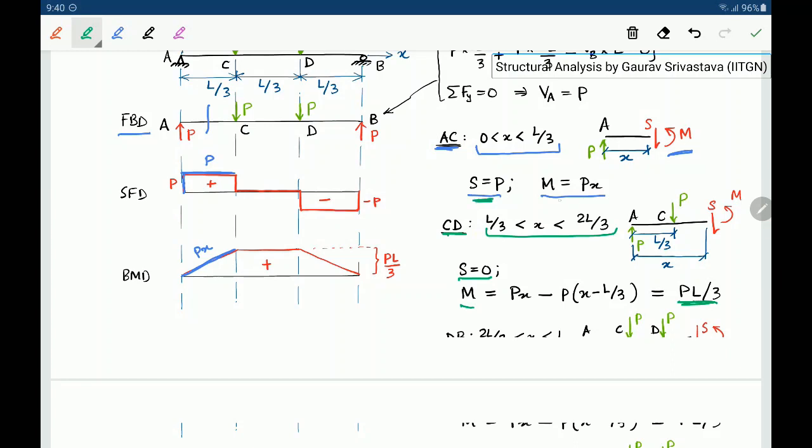Okay, so the bending moment has a constant slope, or it is a linear function. In CD the shear force is constant but 0, so the bending moment has 0 slope and hence it is constant. Okay, so for the span CD the shear force is 0 and bending moment is constant at PL by 3.